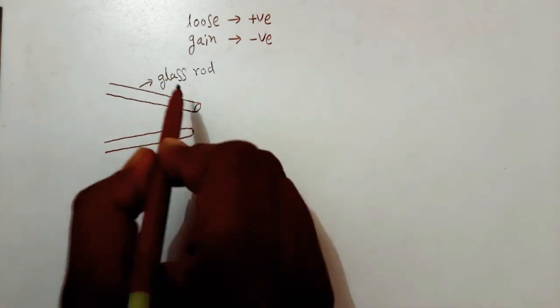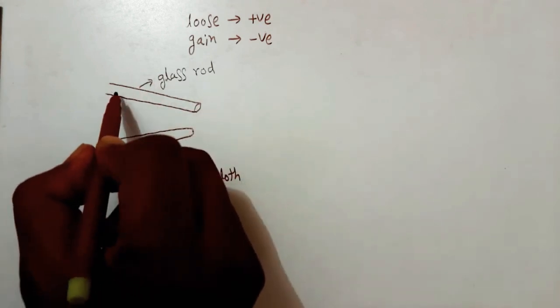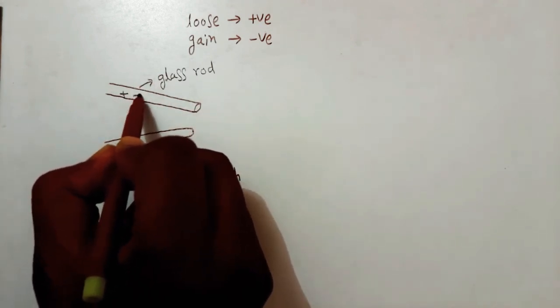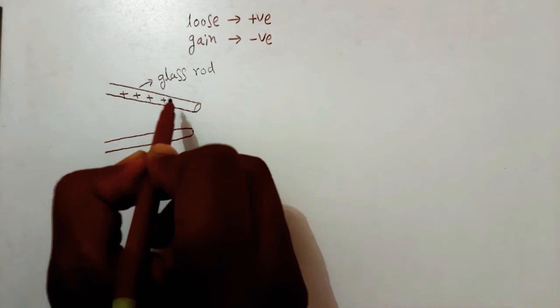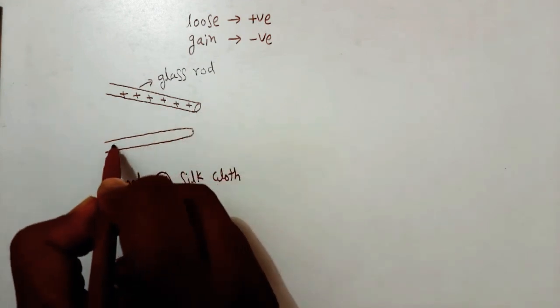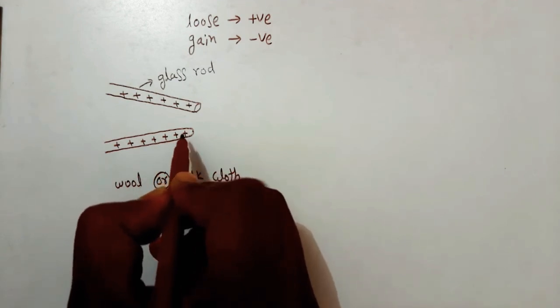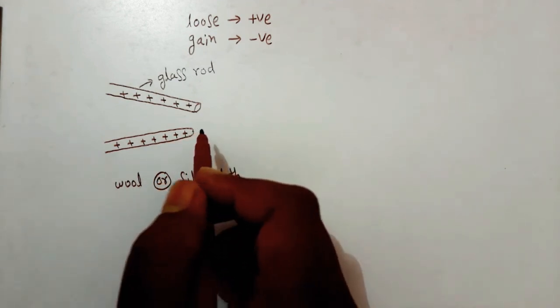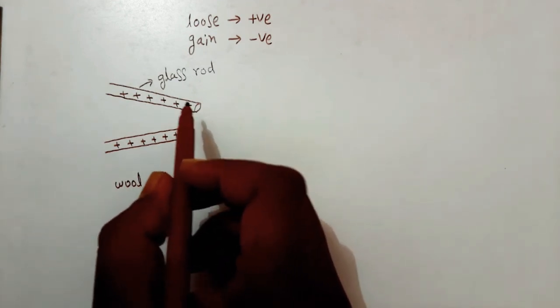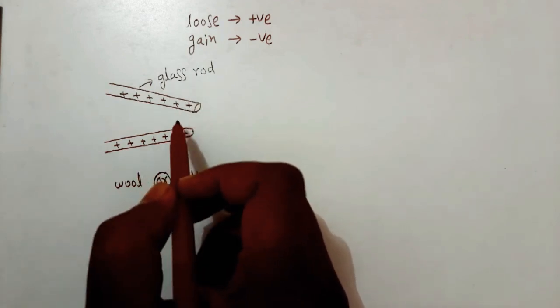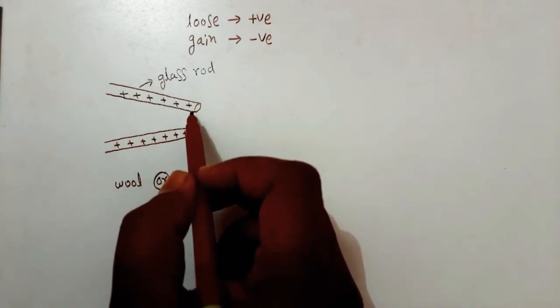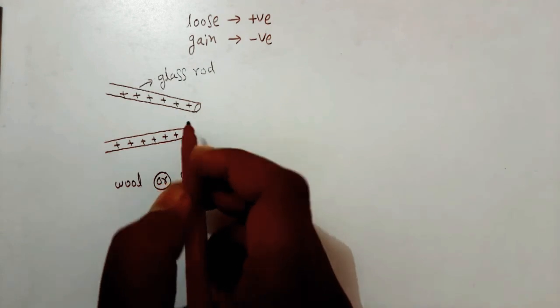That is, on the glass rod, positive charge is distributed. If we bring two glass rods close to each other, they repel each other.